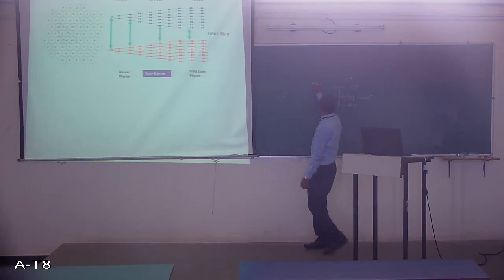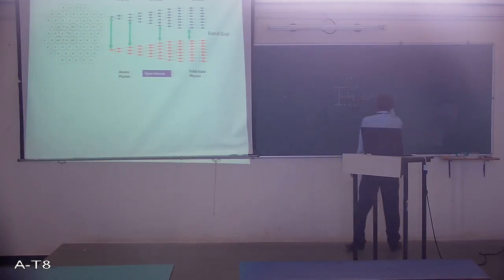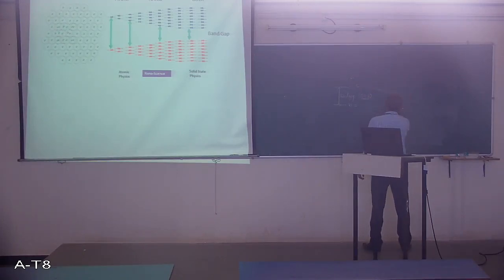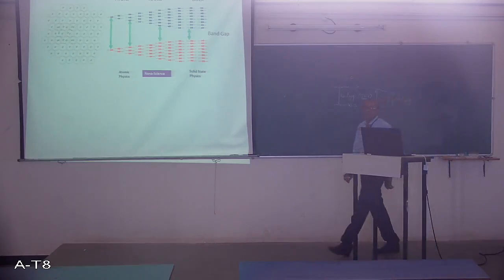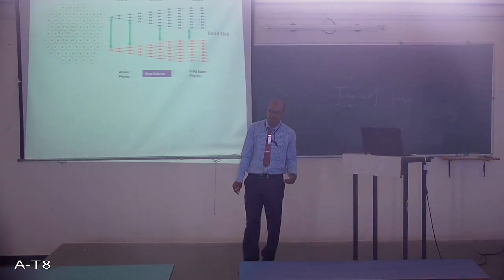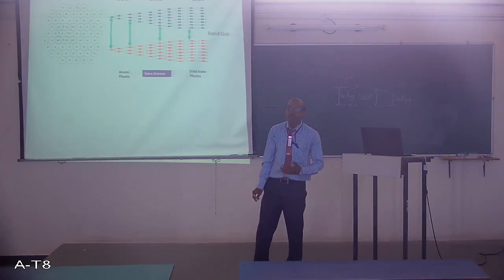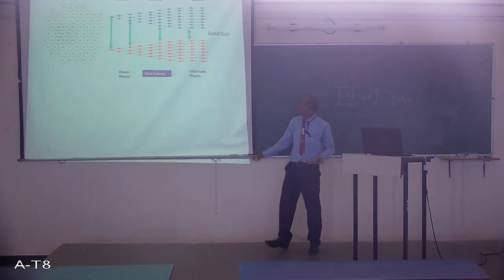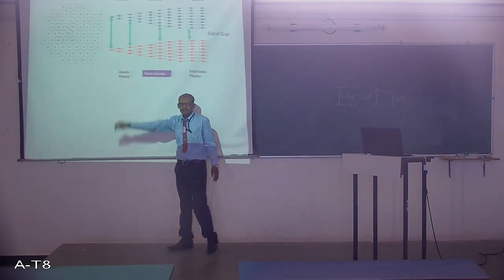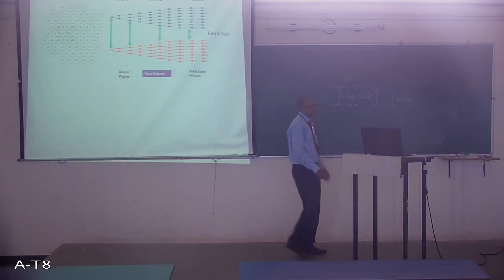If it is a bulk material, the band gap is small, but the structural property, electrical property, magnetic property and optical properties are entirely different from bulk material to nanomaterials. So how are we going to change?